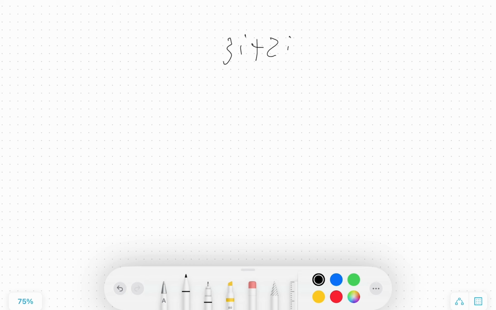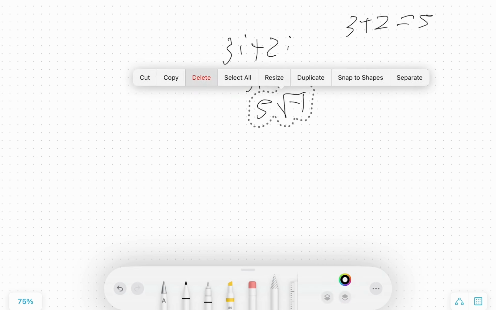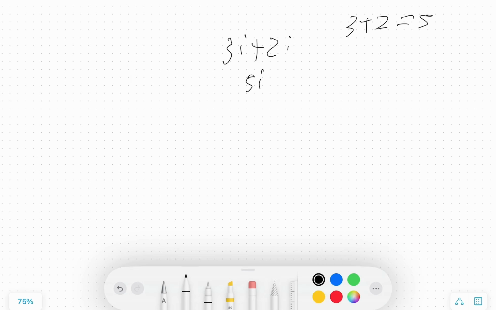It is exactly the same as just adding regularly. So 3 plus 2 is obviously 5, so 3i plus 2i is 5i. Do not write it as 5 square root of negative 1. That's not the proper way to write it. With imaginary numbers, you always want to write it in the form a plus bi.